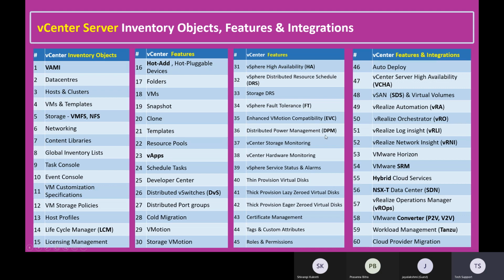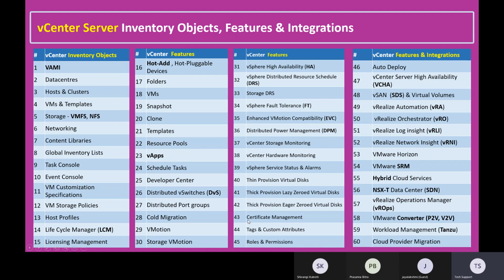And distributed power management also, and some monitoring features, thin disk provisioning, thick disk provisioning. I will explain clearly for these topics the importance of thin provision and thick provision. But in most real-time environments, we prefer to use thin provision, and unless any application requires thick provision, only then do we choose the thick provision format.